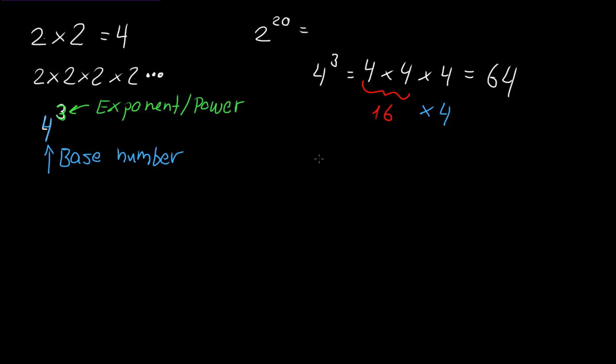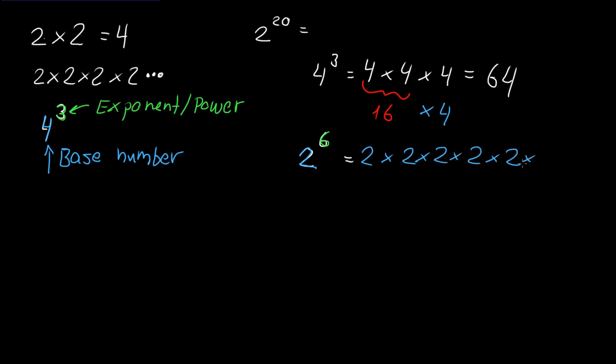Let's do quickly one more. Let's say we have a very popular number, 2 to the power of 6. So again, the base number is 2, and we're multiplying it by itself 6 times. So equals 2 times 2 times 2, I think you get the idea.